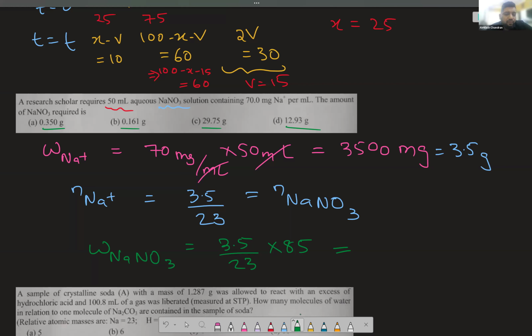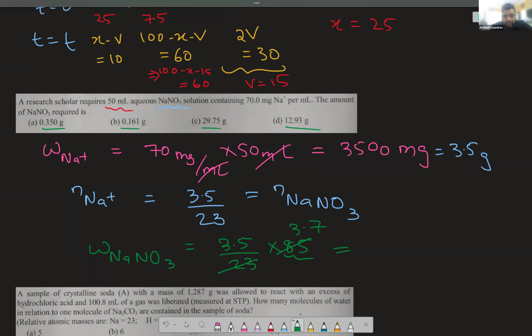So 23 into 4 would have been 92, which means that 85 is like 7 short of that, right? So this is 7 by 23, which is 1 by 3 ish, roughly, right? So this is somewhere around 3.7 maybe, right? I'm not doing the exact calculation, but a rough look at this, because I can see all the answers are drastically different, right?